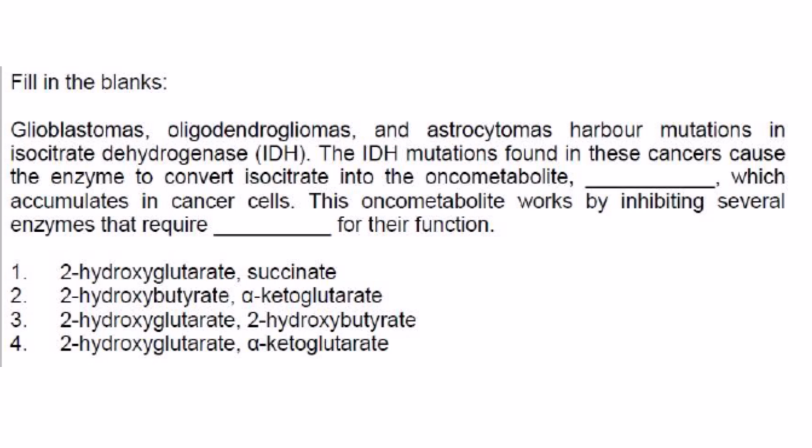But this oncometabolite 2-hydroxyglutarate will inhibit the various enzymes that require alpha ketoglutarate for their function, and this can cause further complications in your cancer. So the answer here is 2-hydroxyglutarate and alpha ketoglutarate, which accumulate, and this oncometabolite works by inhibiting several enzymes that require alpha ketoglutarate for their function. Okay, so the answer is option 4.